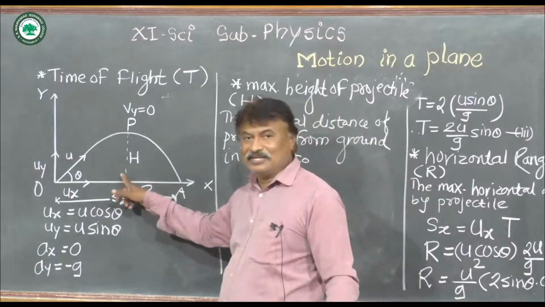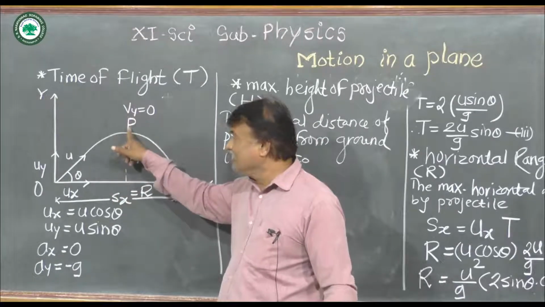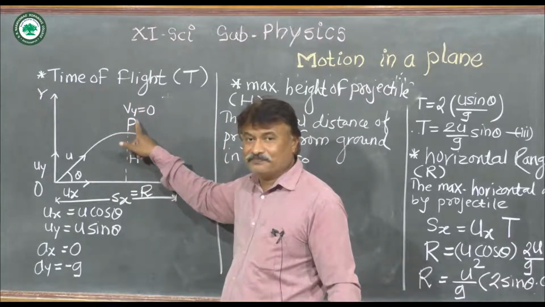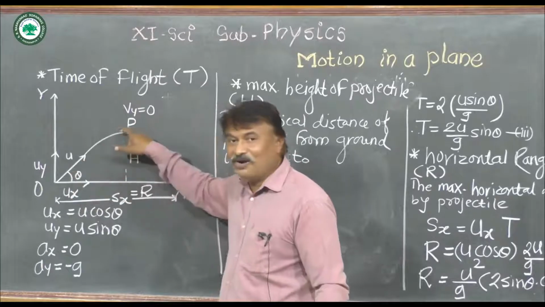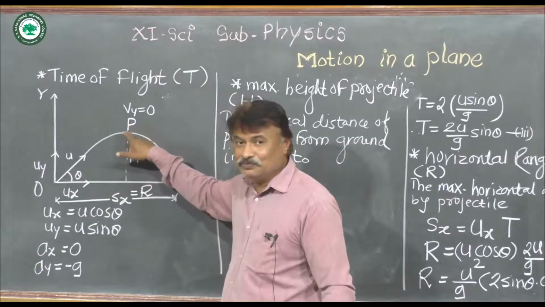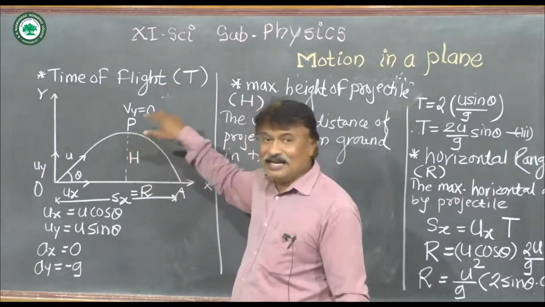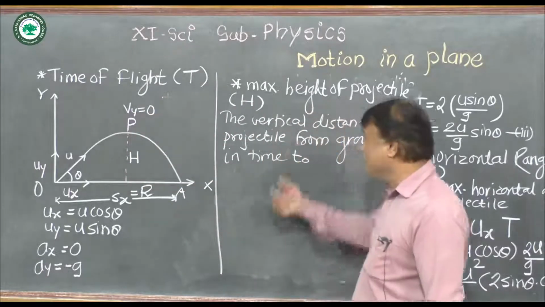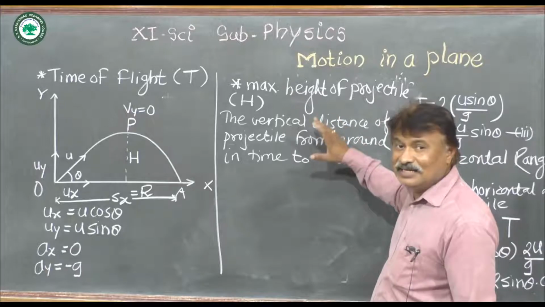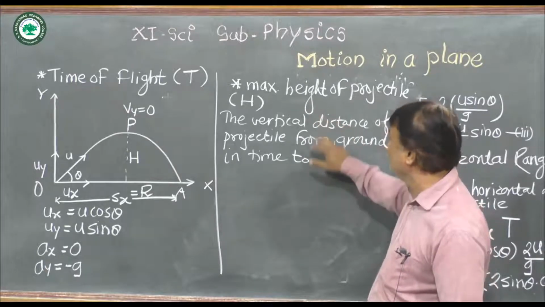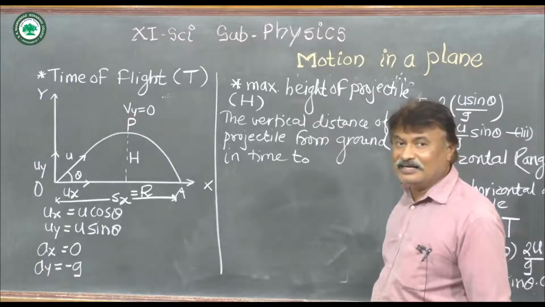From this diagram, we can say that when the projectile reaches point P, then the time required is t0. So in time t0, the projectile reaches the maximum height, and that vertical distance from the ground surface is called the maximum height of a projectile.